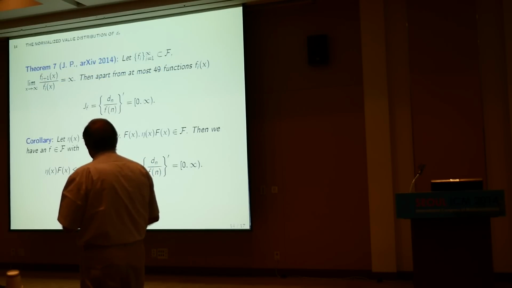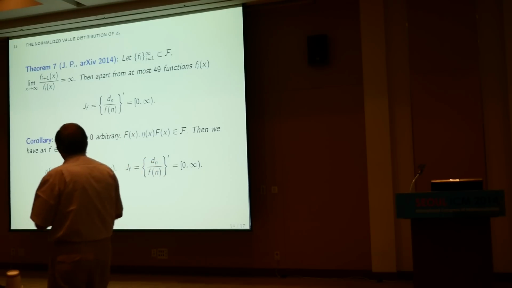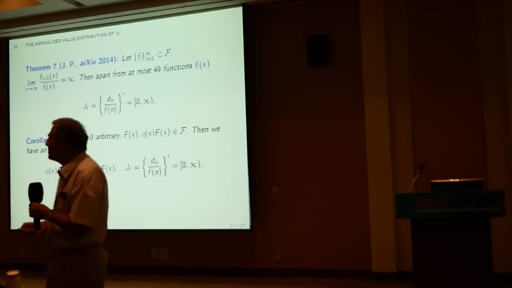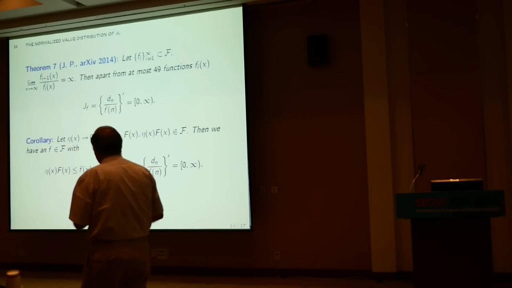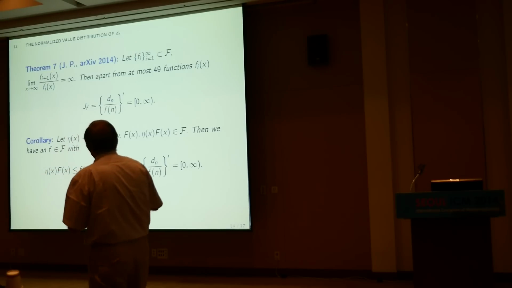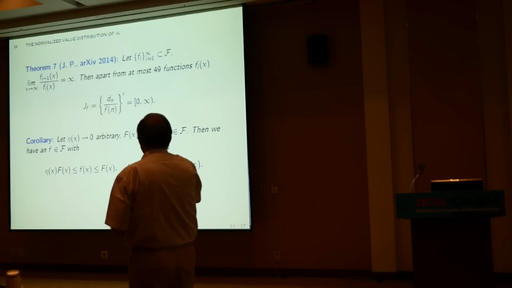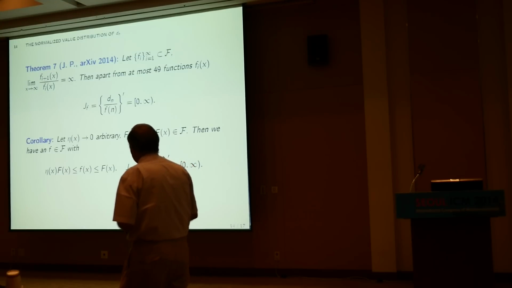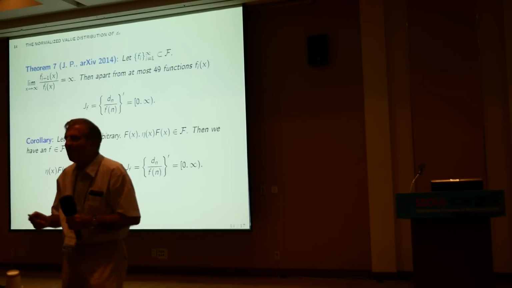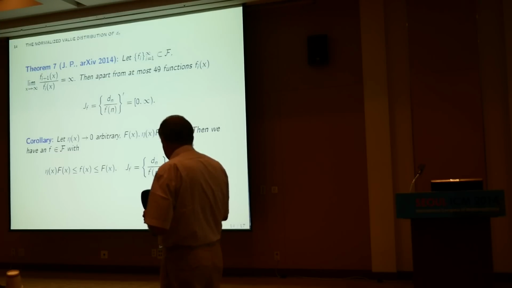Then theorem 7 says that if I consider infinitely many functions which differ a little bit from each other, so f_{i+1}(x) divided by f_i(x) tends to infinity, then the whole interval 0 to infinity appears as a set of limit points, which means that to every function we have another function very near to it for which this is true for the whole interval.